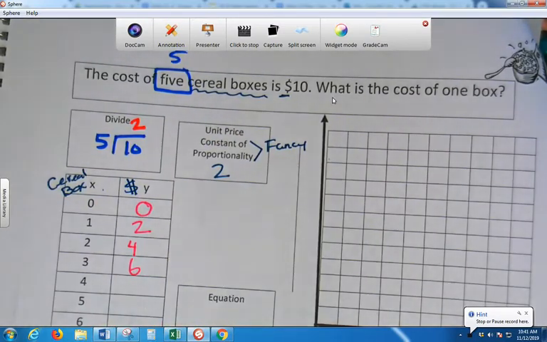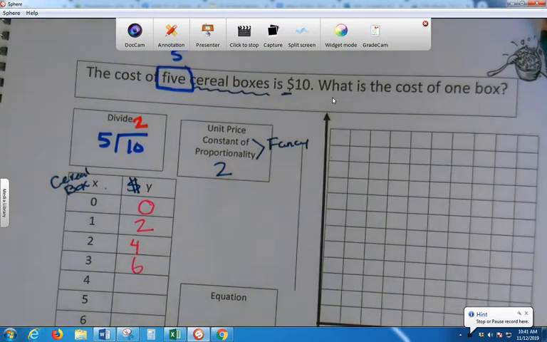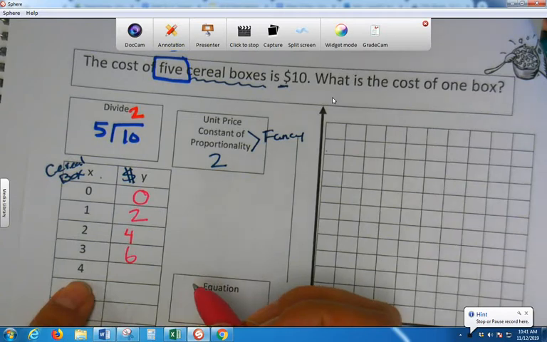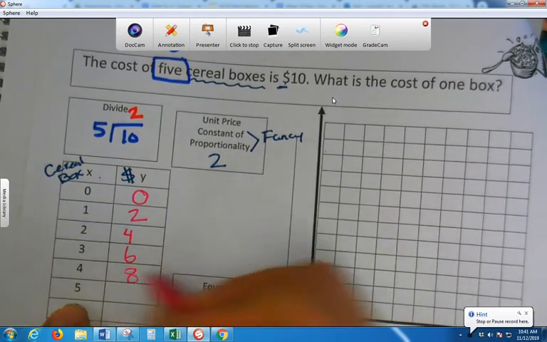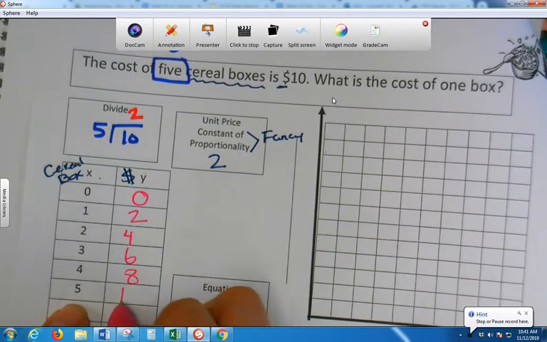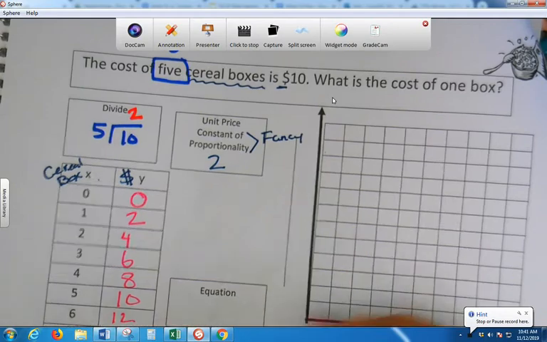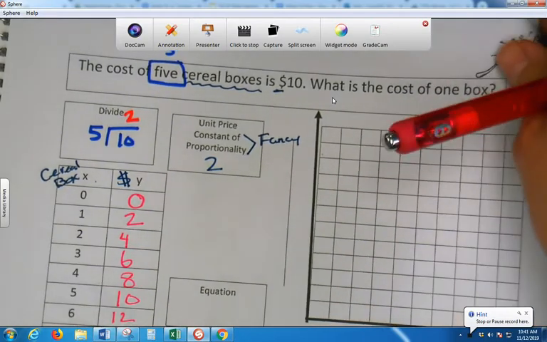Be careful at the bottom because I skipped. Angel, what's next to the 4? 8. Christian, what is next to the 5? Vanessa, what's next to the 6? And Carla, what's next to the 10?